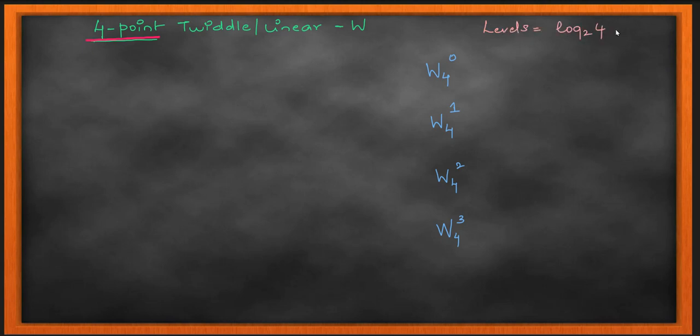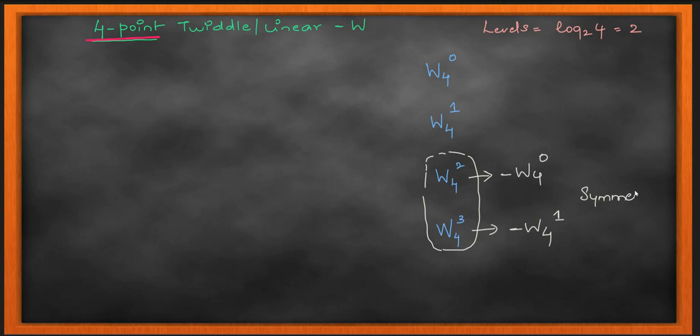I have 4 Twiddle multiples, or 4 linear transformation multiples, and then I have only two stages, right? Because this is my 4-point FFT. So for my 4-point FFT, I'm going to see only two stages, and those two stages are shown here for your reference. We are going to see what the Twiddle multiples associated with these two stages are.